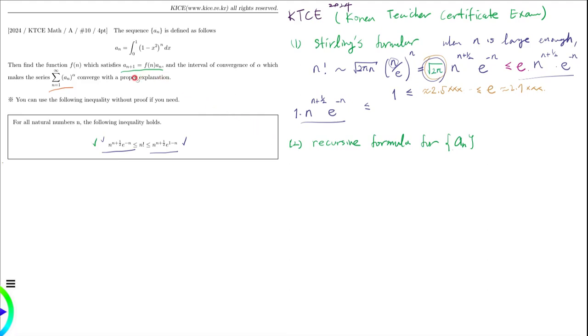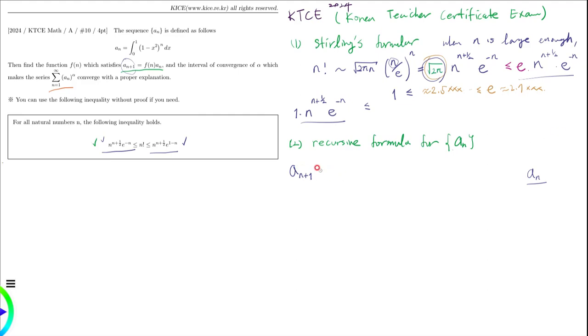In my case, I want to try to see what kind of relationship a sub n plus 1 has to do with the expression of a sub n.